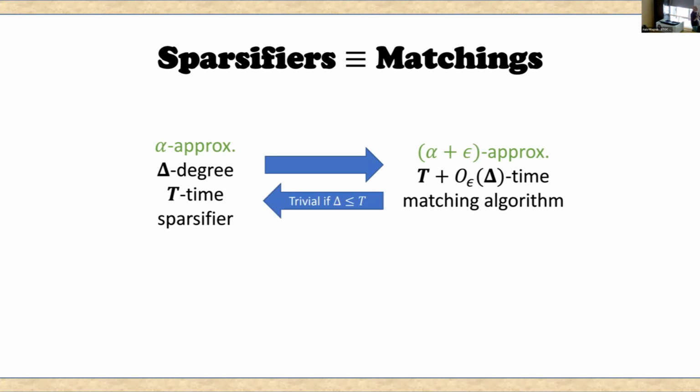The opposite direction is fairly trivial: if the max degree here is less than t, then this is equivalent to maintaining a matching essentially. The matching itself is the sparsifier you want. So you may wonder whether this is really the right way to look at this. Well, yeah, it's essentially the only way to look at this. It's the one takeaway from this talk.